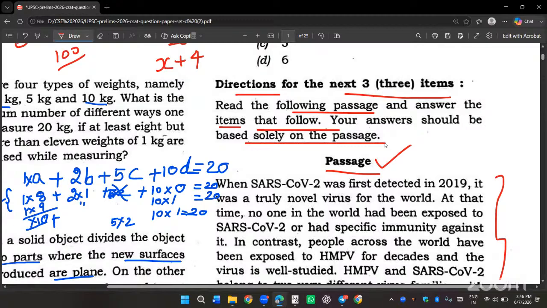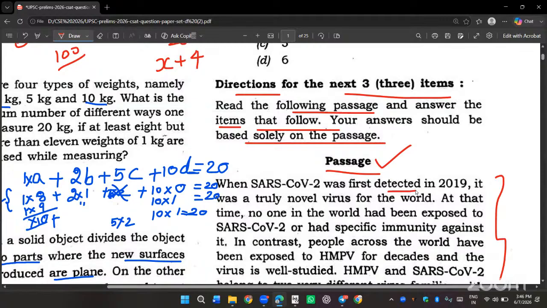In English comprehension, you have to take into consideration the English language, in which grammar is very important. So in the passage, they will not give you the details of language or grammar, but in the questions, they will be asking that. For example, the synonym of the word given in this passage. Take the word detected. What is the synonym?